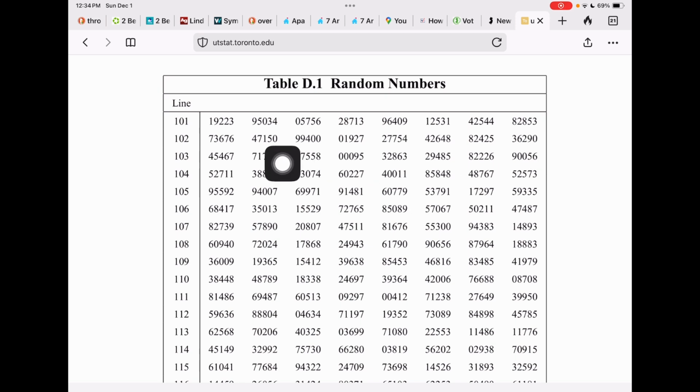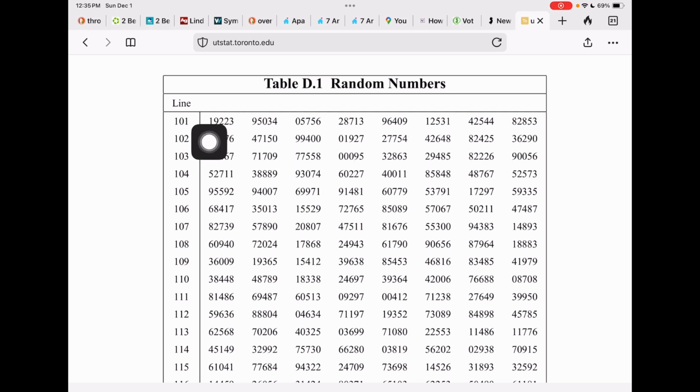These are the random digits, probably generated by software. But these are the line numbers. So sometimes you say you're going to start on line 104, 105, 101, whatever. You get to pick, or sometimes the question tells you to pick. If the question tells you to pick a specific line number, please make sure you go to that line number and start there. They are separated by spaces in between every 5 digits, but that's just for readability.